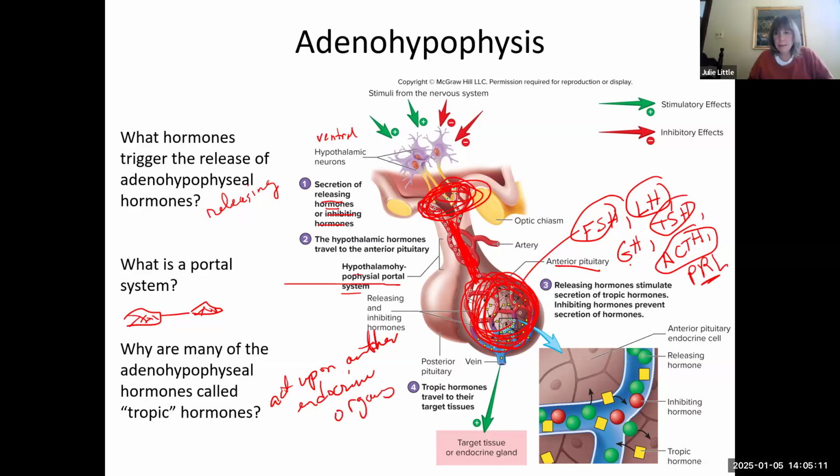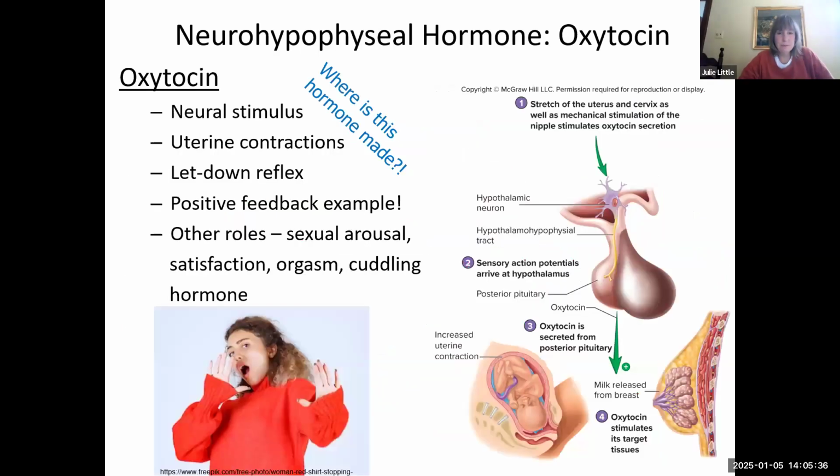Growth hormone and prolactin do not act on other endocrine organs, so they're not considered tropic hormones. We call follicle stimulating and luteinizing hormone gonadotropins because they act on the gonads. We call thyroid stimulating hormone thyrotropin because it acts upon the thyroid. ACTH is adrenocorticotropin.